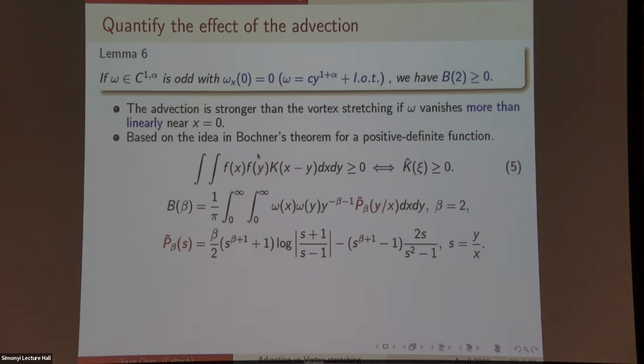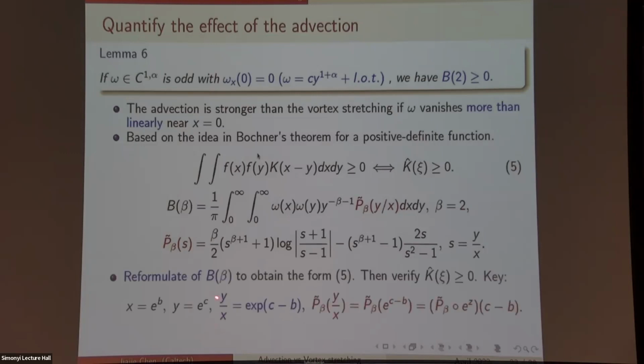But our observation is that we can perform a transform to reformulate this kernel to get a convolution kernel. So we can find a nice transform to reformulate this part, to get this part. The key step is to reformulate this kernel P beta theta.